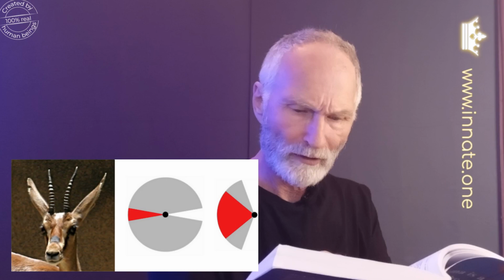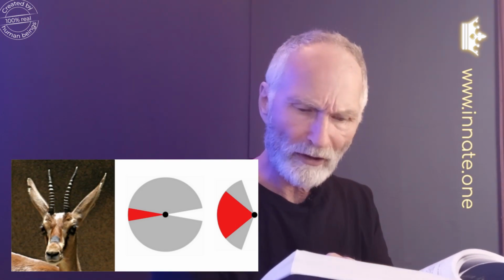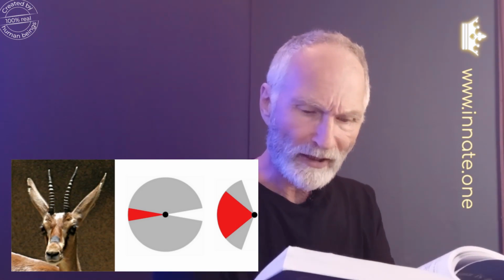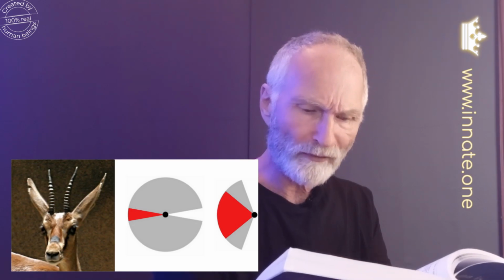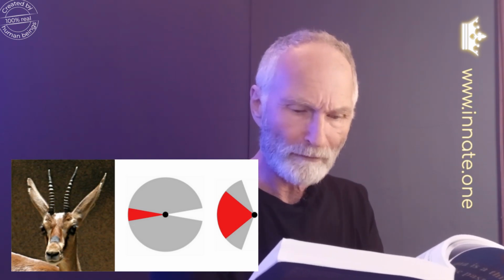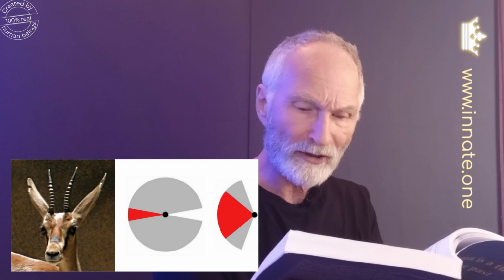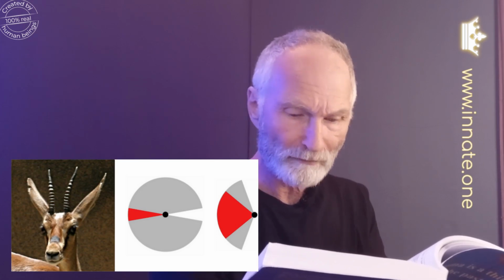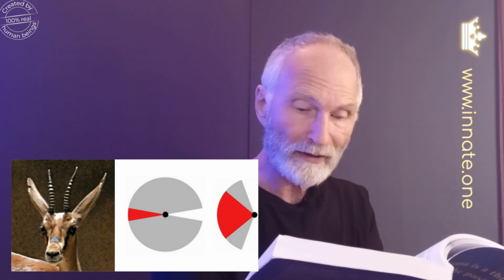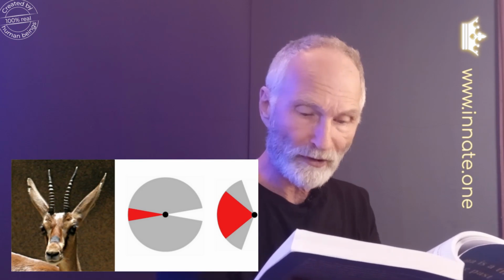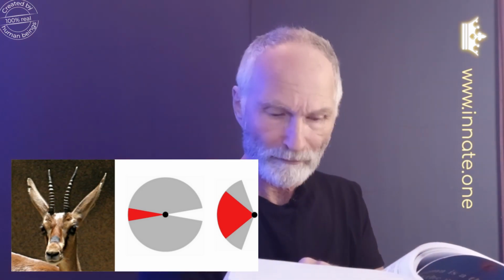With the head up, with one eye located on each side of the head, the gazelle has an almost perfect panoramic view, leaving behind only a blind spot of a few degrees, forcing it to turn the head in order to get the full circle and feel secure.